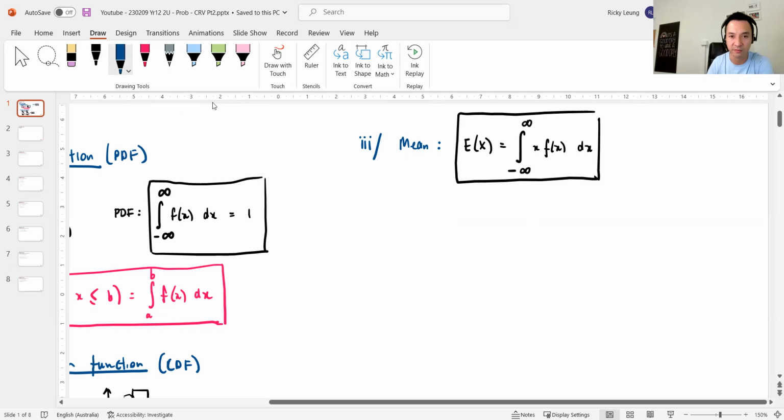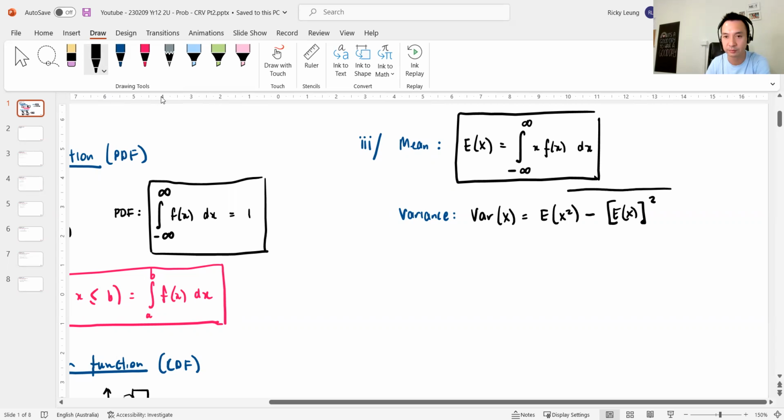We know the formula for variance is actually the same: Var(X) equals the expected second moment, E(X squared), minus the expected value squared. The top one here is mu, and mu is exactly the same as this guy here.